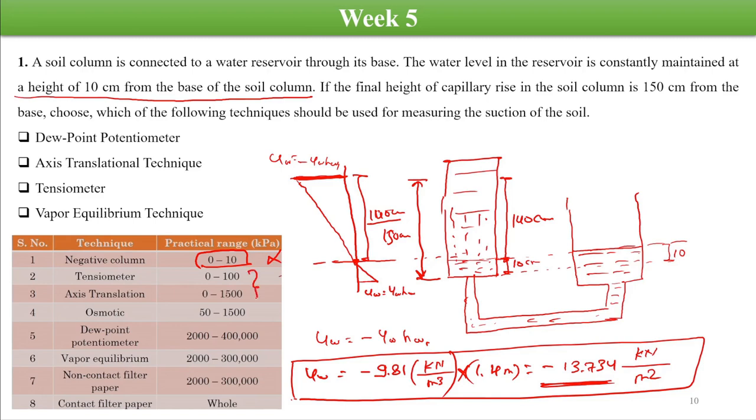But we can use tensiometer as well as axis translation techniques, right? So these two techniques we can use, and the other techniques are not useful for measuring the small matric suction such as 13.7, right? So for this one we can use these two techniques, tensiometer and axis translation.